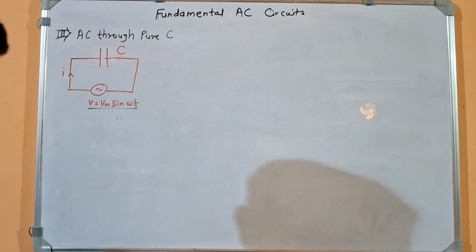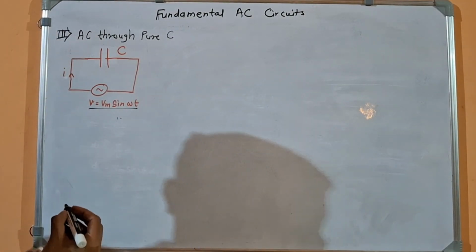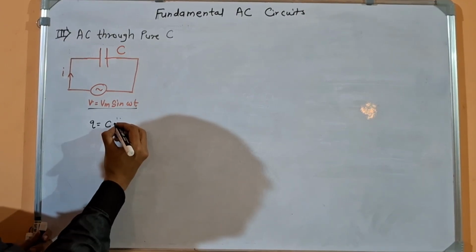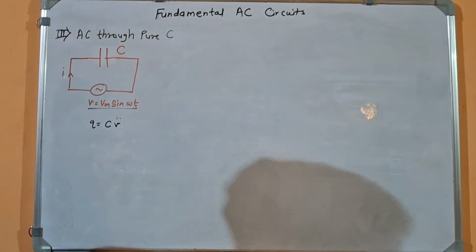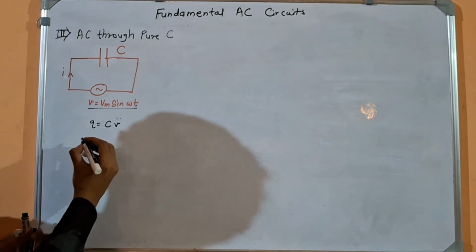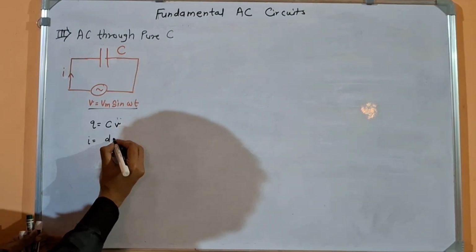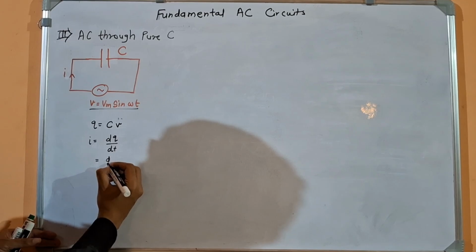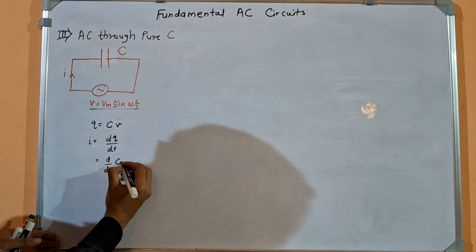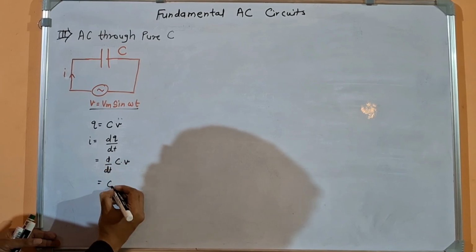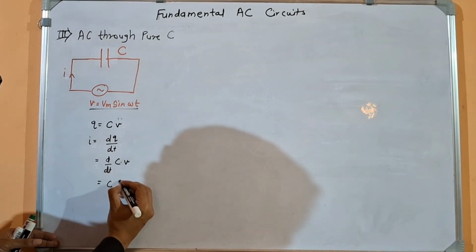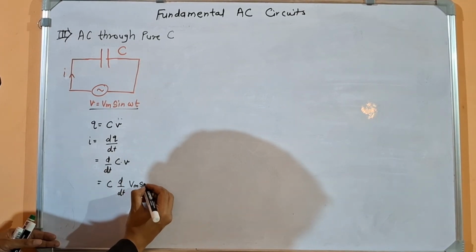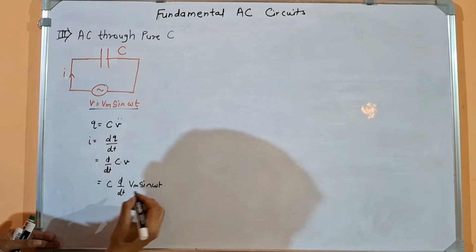You know that the charge on the capacitor is given by Q equals C, that is capacitance, into voltage, and current is given by dq by dt. What is Q here? d/dt of C into V. So C is constant, I will take it out, and d/dt of Vm sin omega t.